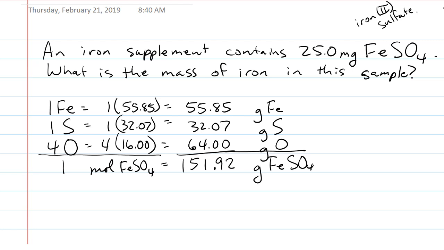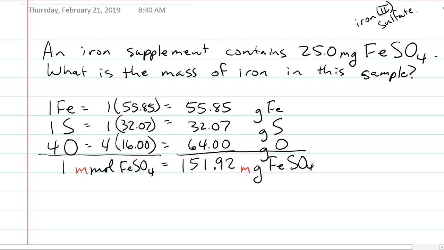So now, if we want to simplify this problem, if this is given in milligrams up here, and this here is in grams, one way we can do it is convert this here to grams first, or here's another way. It'd be a lot easier if we could put this in units of milligrams.